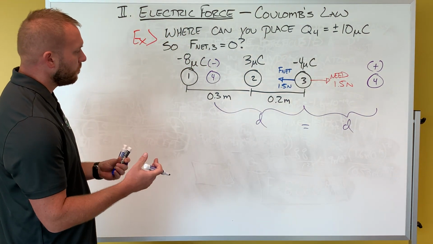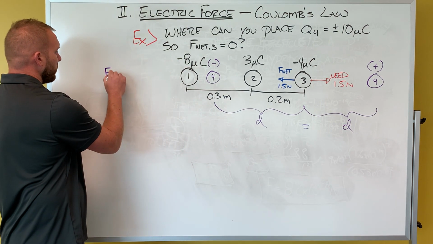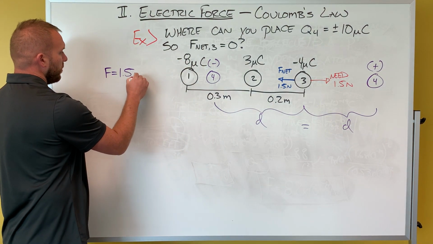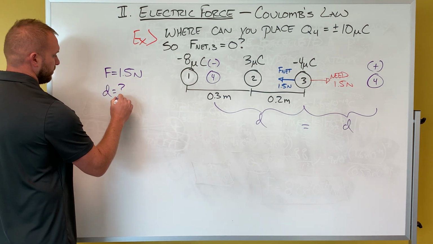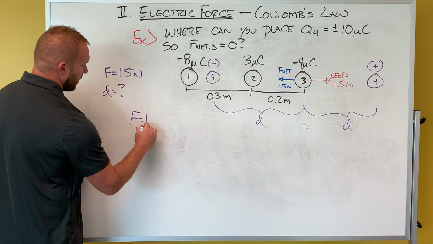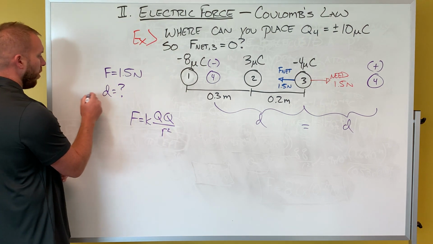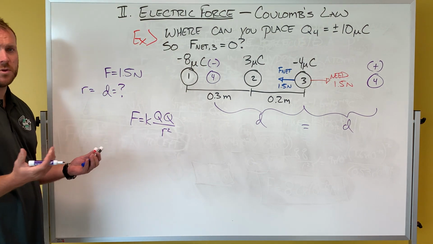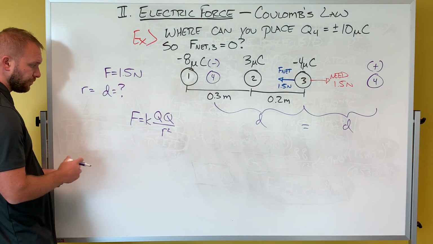So here's what we know. We know that the force needs to be 1.5 newtons, and we're trying to look for D. Our equation is F equals KQ over R squared. Again, R or D means the same thing.